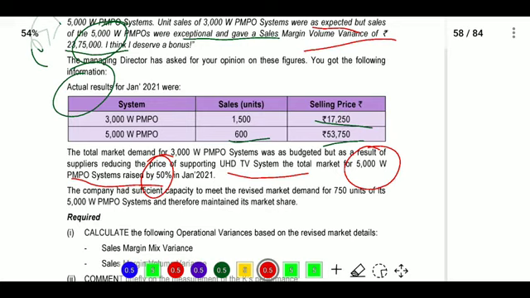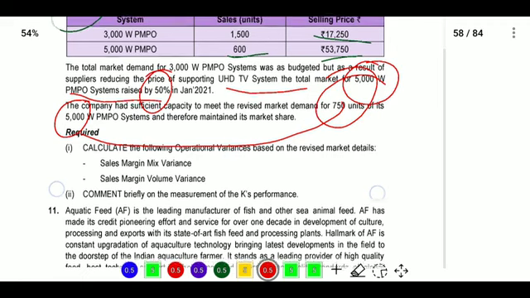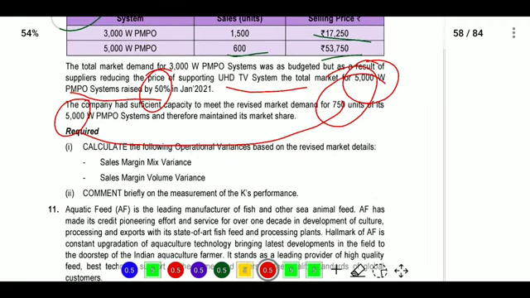Next, the company had sufficient capacity to meet the revised market demand of 750 units, so it has 750 units capacity for 5000.